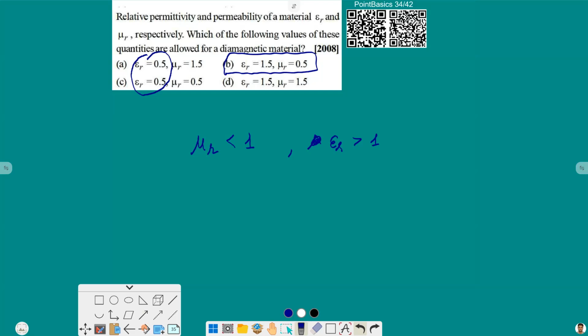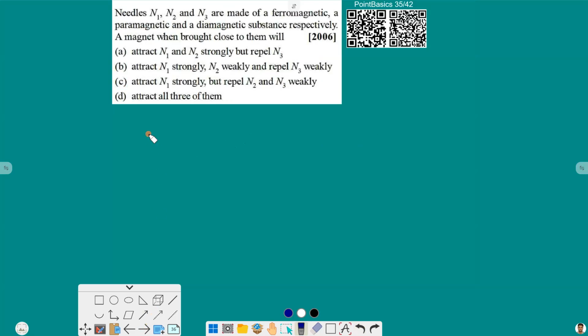Now let's move to the next one. Needles N1, N2, N3 are made of ferromagnetic, paramagnetic and diamagnetic substance respectively. A magnet when brought close to them will... So N1 is ferro, N2 is para, and N3 is dia. So we know that paramagnetics are feebly attracted, diamagnetics are feebly repelled, and ferromagnetics are strongly attracted.